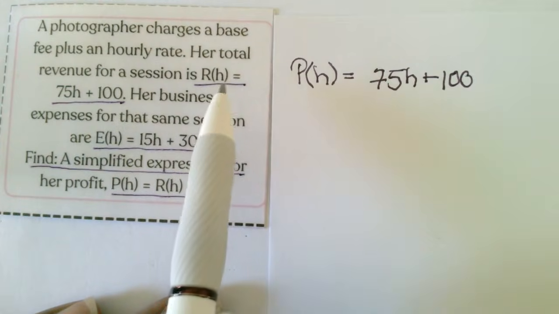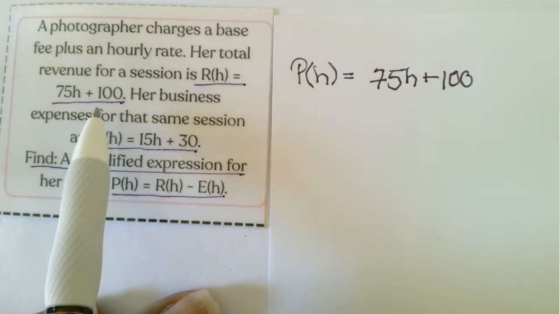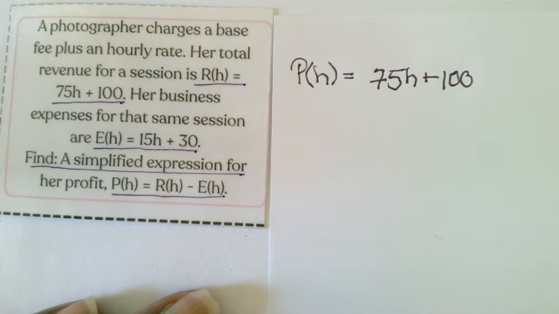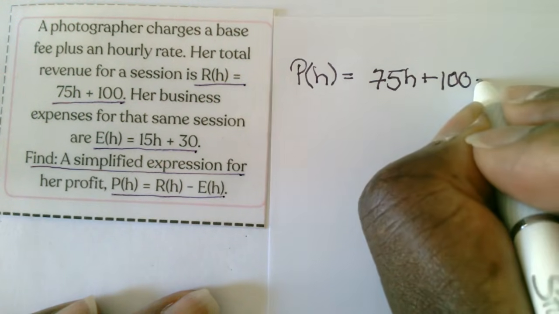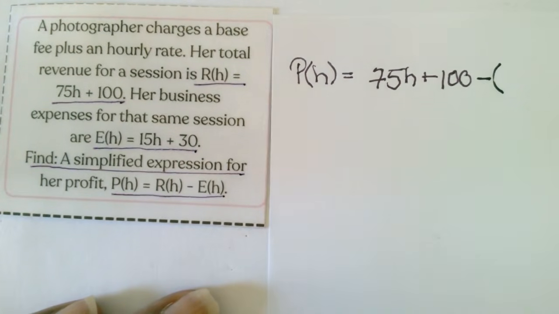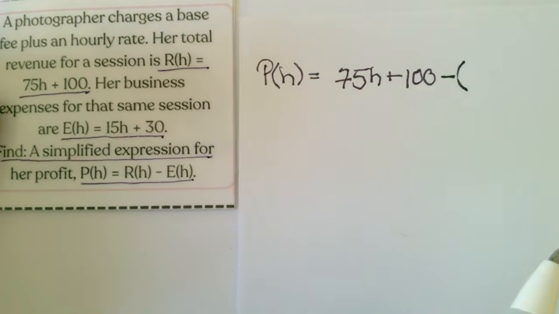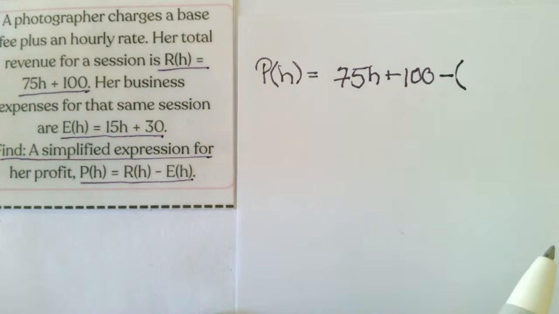They told us right here in the beginning. Okay. Now they want us to subtract what's going to represent our E of H. And what did they say is representing my E of H?